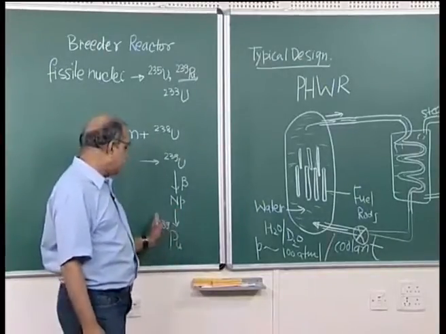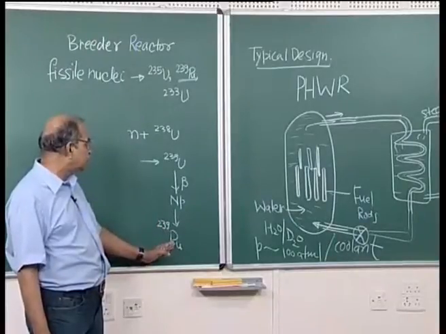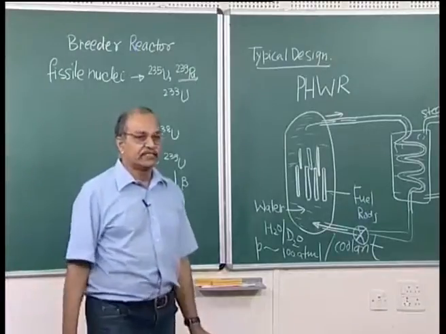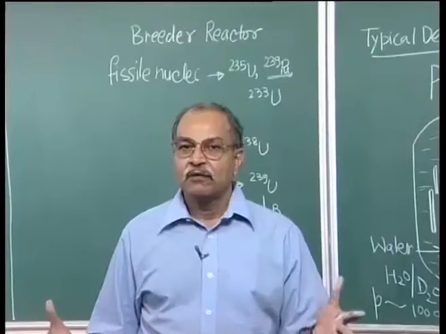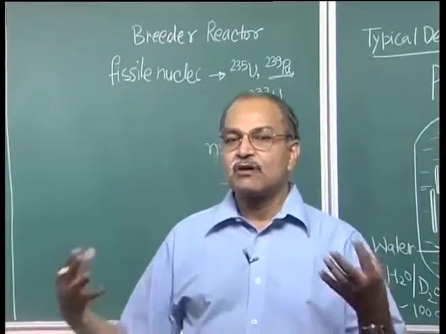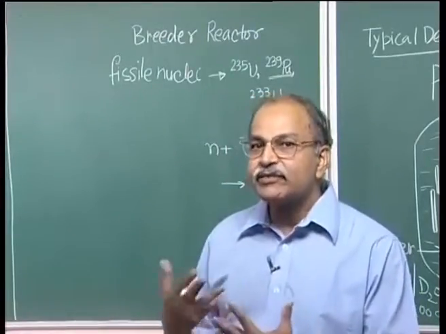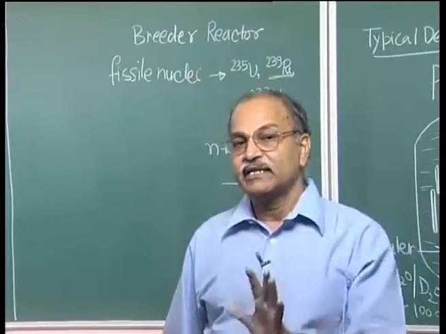So, plutonium 239 can be produced if neutrons are bombarded on uranium 238. Now, in a normal power reactor, a thermal reactor, where we use natural uranium or even enriched uranium as a fuel, there is a lot of uranium 238 available.